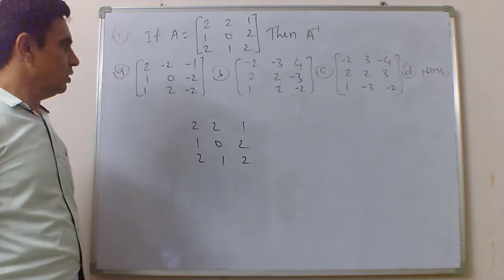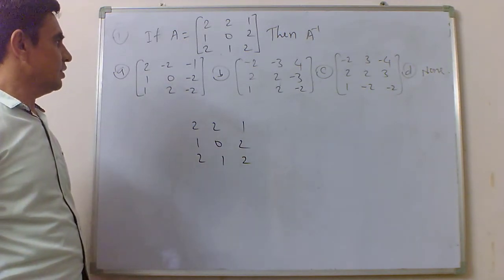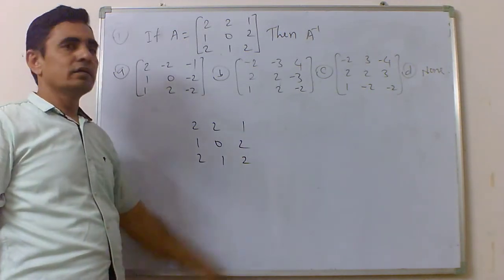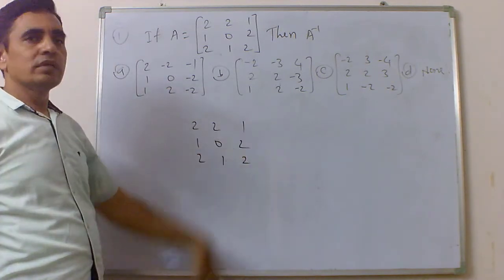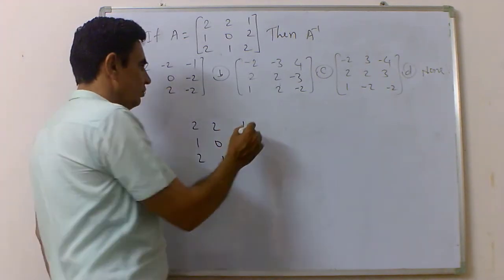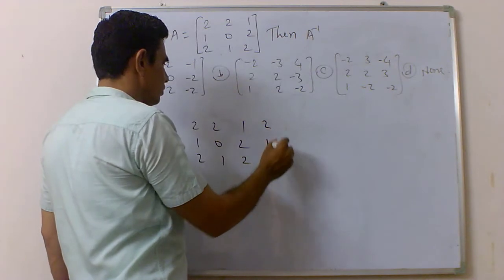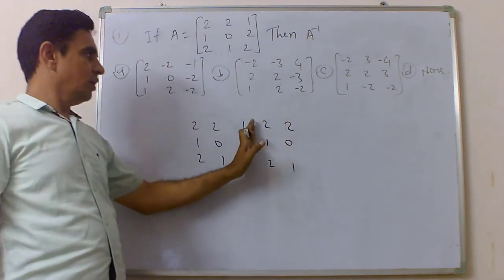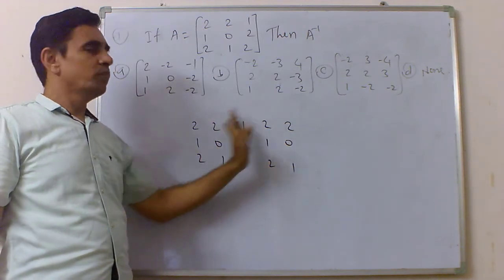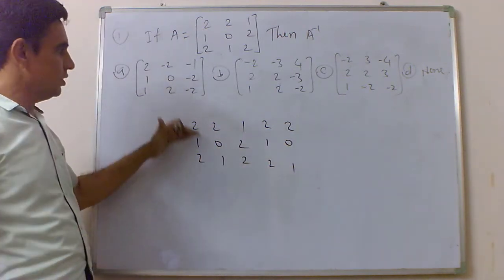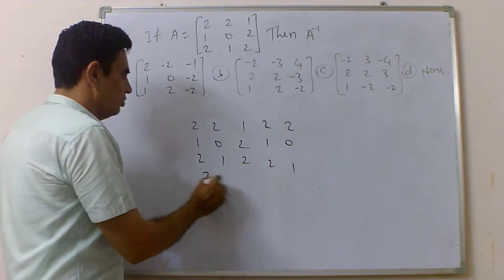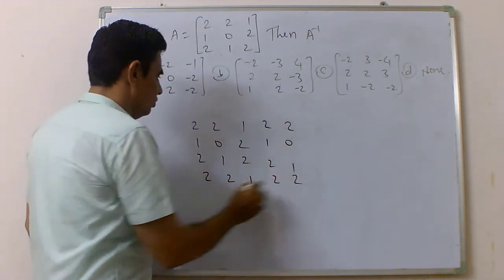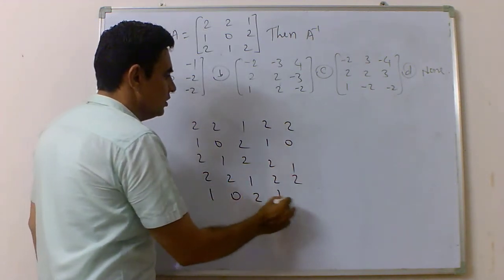We write these two columns again after the third column. There are three columns; of these, repeat the first two columns further ahead, and write the top two rows again below. 2 2 1 2 2, 1 0 2 1 0.